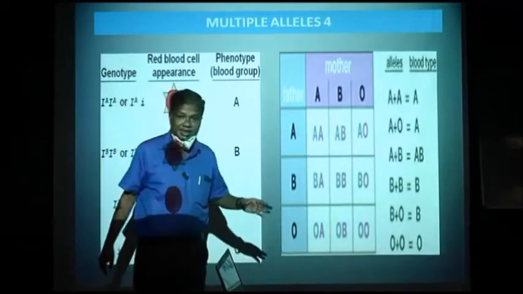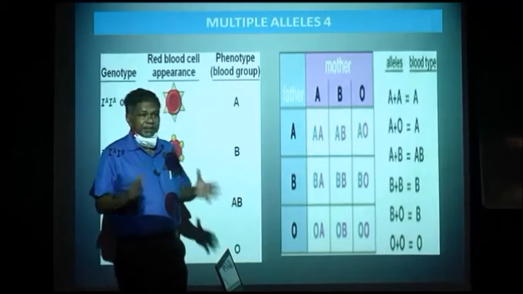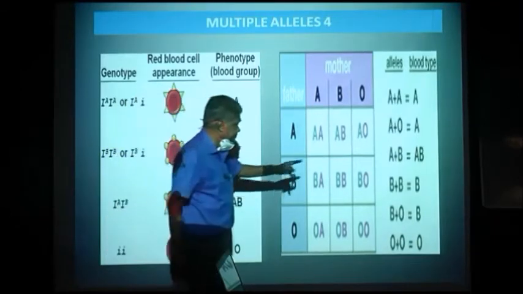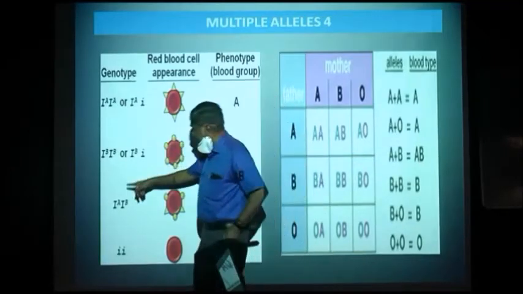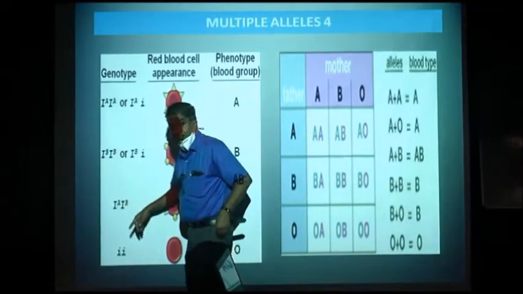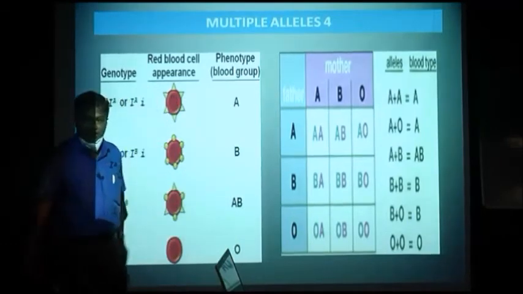In my family, my blood group is AB. That means I have antigen A and antigen B on my blood cells.